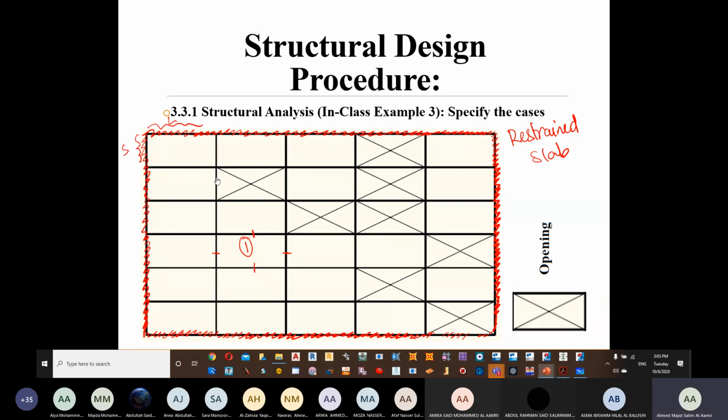Another thing that has been given here says that this is an opening. What does opening mean? It means that there is no slab. Can I say that this is discontinuous as well?